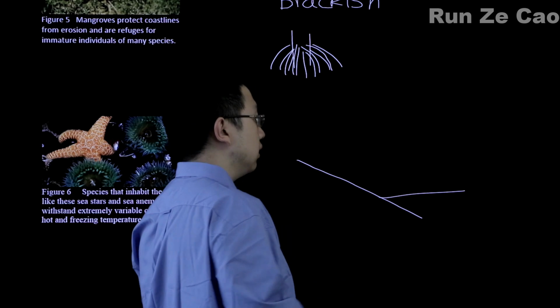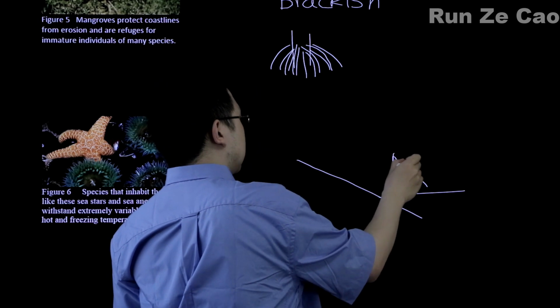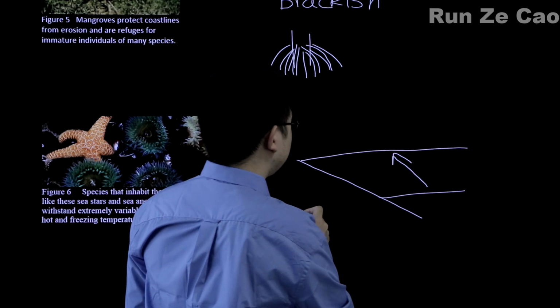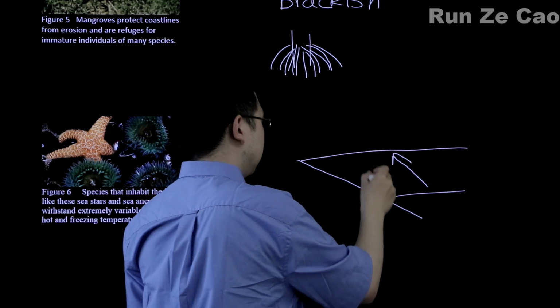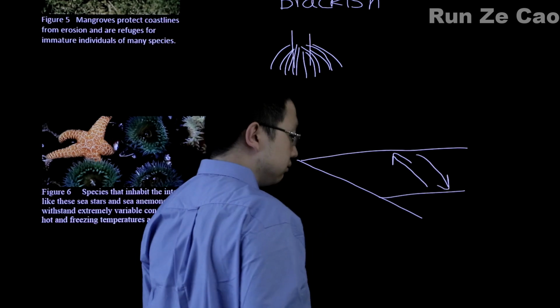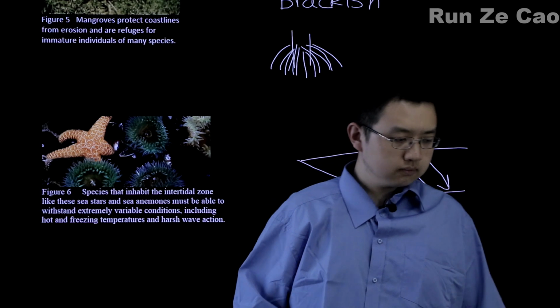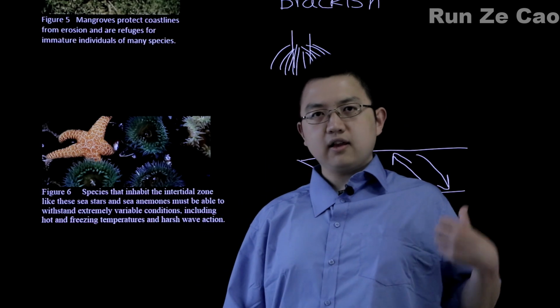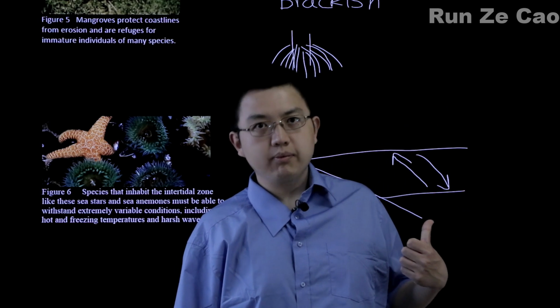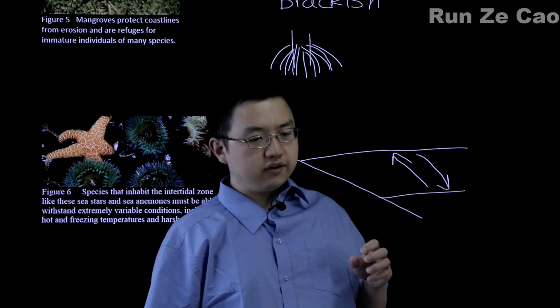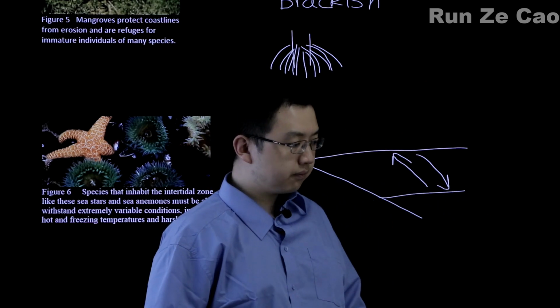So what happens? Each day the tide comes up. Oh, that's not as flat as I would like, but okay. And then it goes down, and then comes up again and goes down again. So twice a day. Now the tide is mostly due to the moon's gravity, but also partly to the sun, which is why there is a matter of spring tide and neap tide.